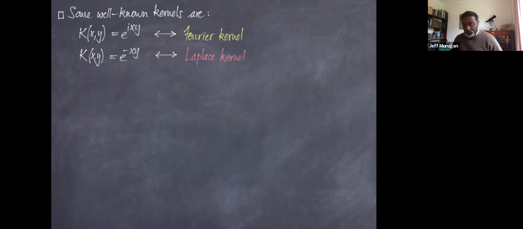So if you're familiar with Laplace transforms, as I hope you are, you will recognize this exponential whenever you do a Laplace transform. So this idea of integral transforms and the kernel of an integral transform should not be an unfamiliar one. We're just going to be using them in a far more sophisticated way. Any questions?